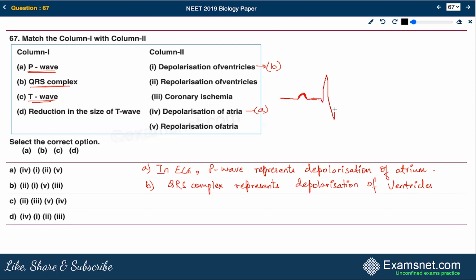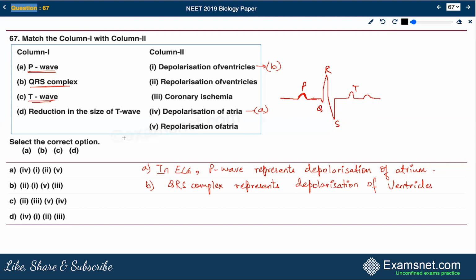So this is the P wave, then this is Q, R, S, and this becomes the T wave over here. All right, so this is the ECG, the graphical representation that I have drawn so that people can have an idea. So the P wave represents the depolarization of the atrium, and QRS represents the depolarization of the ventricles.